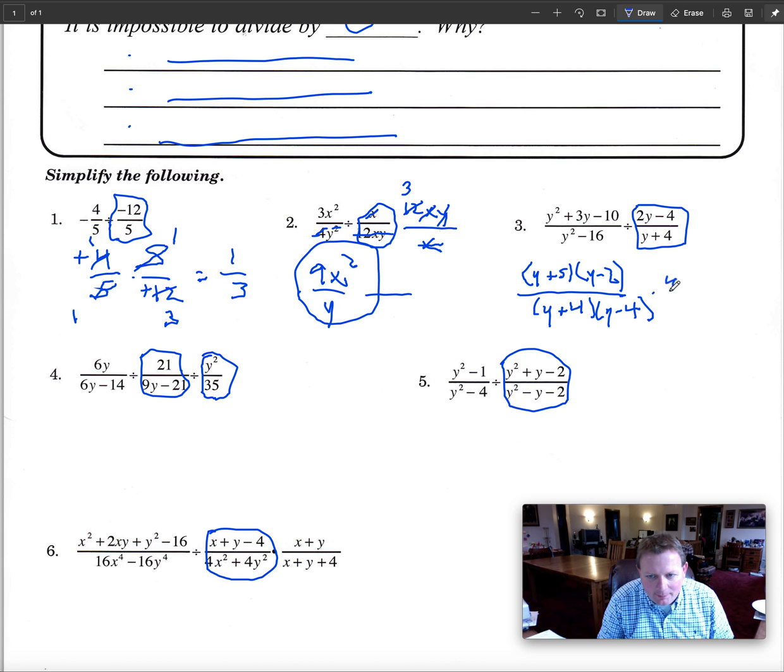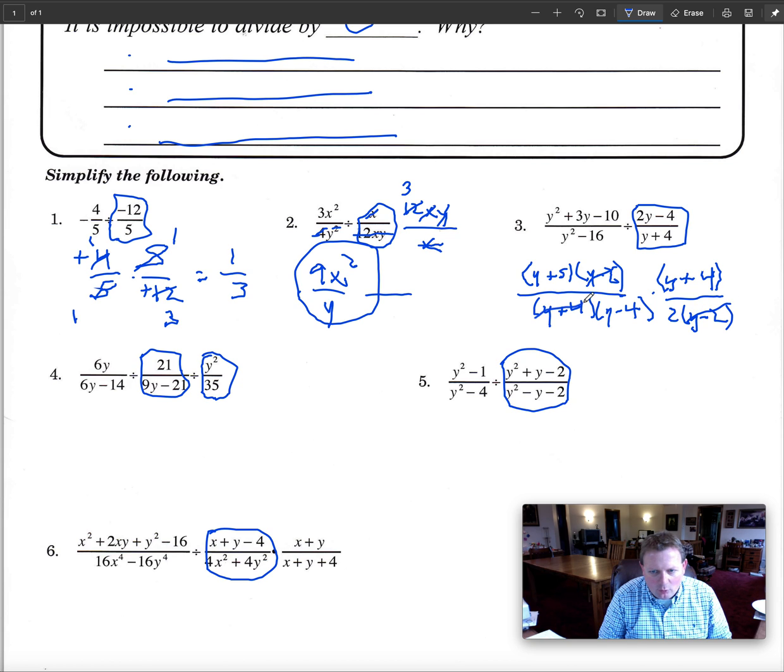But while we flip it, what can we do to the 2y minus 4? Oh, Annabelle. Oh, good job. You can pull a 2 out. And so we pull a 2 out. And that's y minus 2. And that cancels. And so we have all this. So remember, this is a group. And so the y minus 2's cancel.